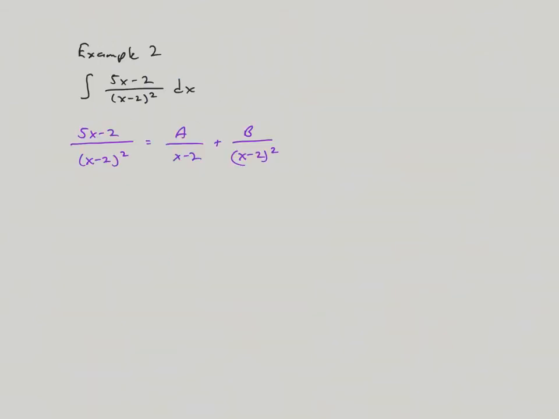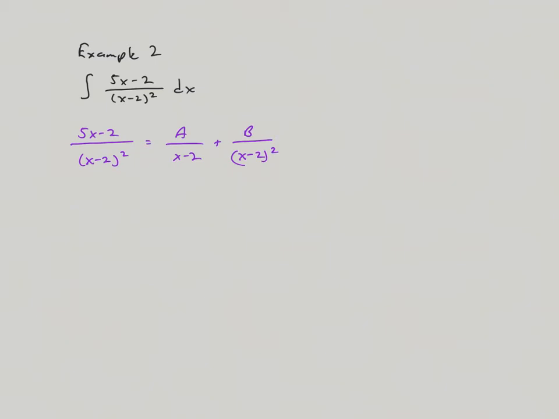In example 2, we're looking at a situation where we have a repeated linear factor in the denominator. We have the integral of (5x - 2)/(x - 2)². Using the partial fraction decomposition, I know that's going to be A/(x - 2) + B/(x - 2)².